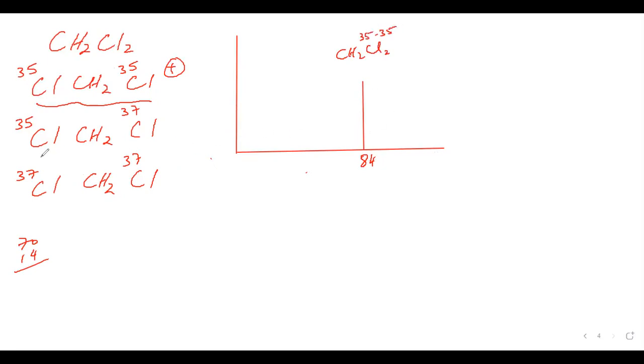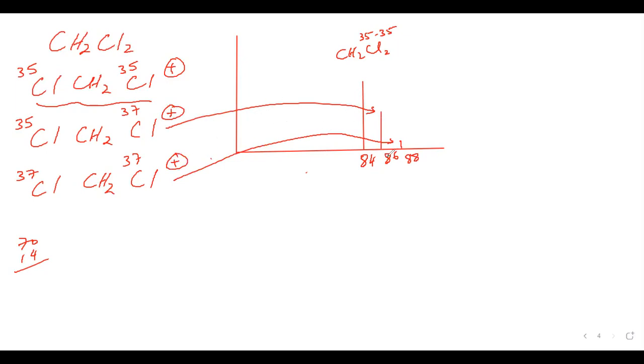The other one is going to be more than the first one by 2. So after 2, we get another peak at 86, corresponding to this ion. And the third, we are going to get at 88, the peak corresponding to this ion.